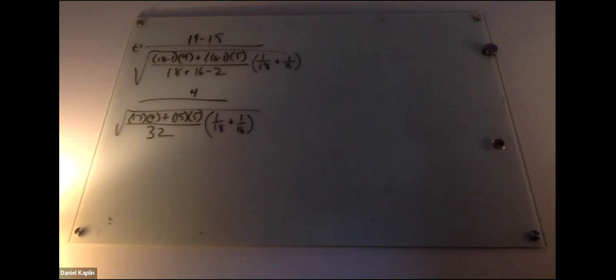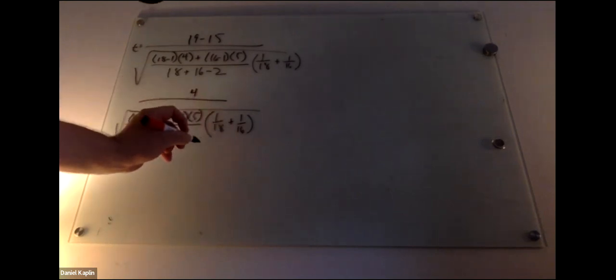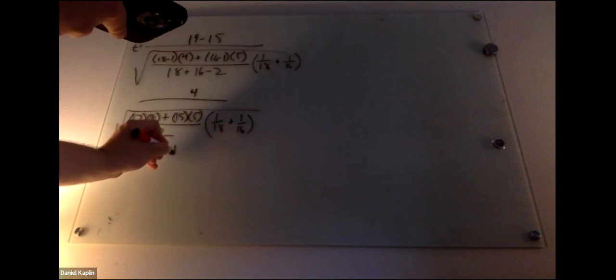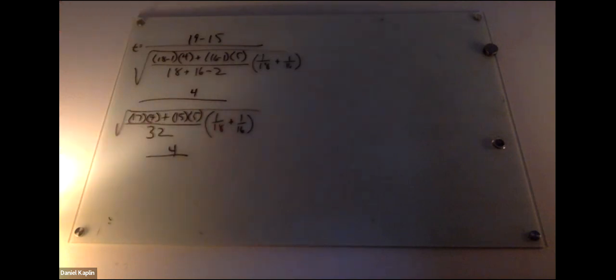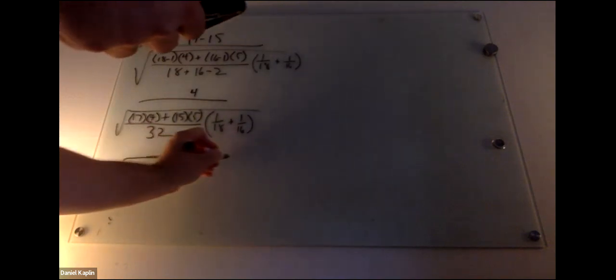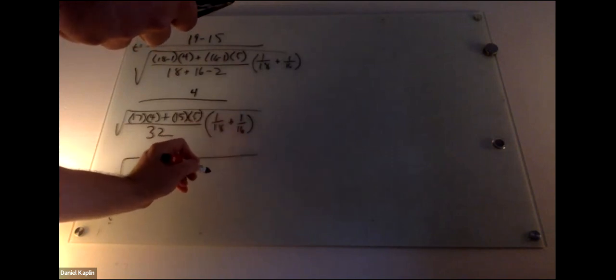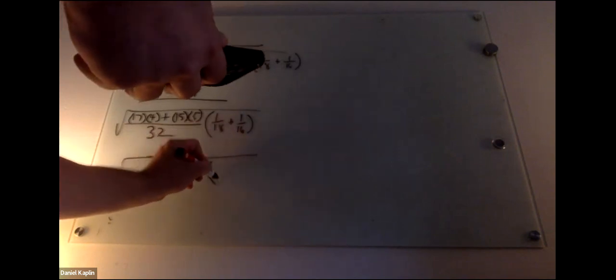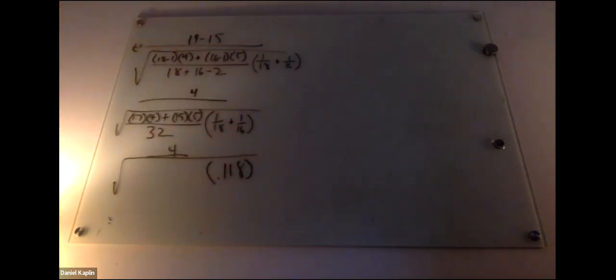So together, this number is going to be 4 over the square root of, this number is 0.118. I was kind of curious what that was.